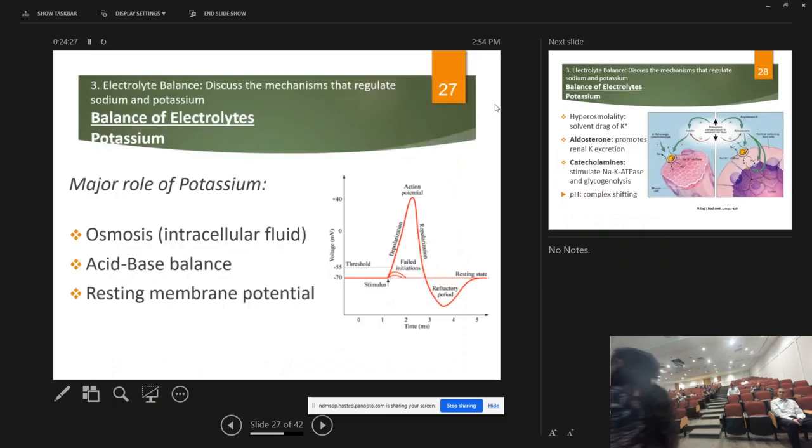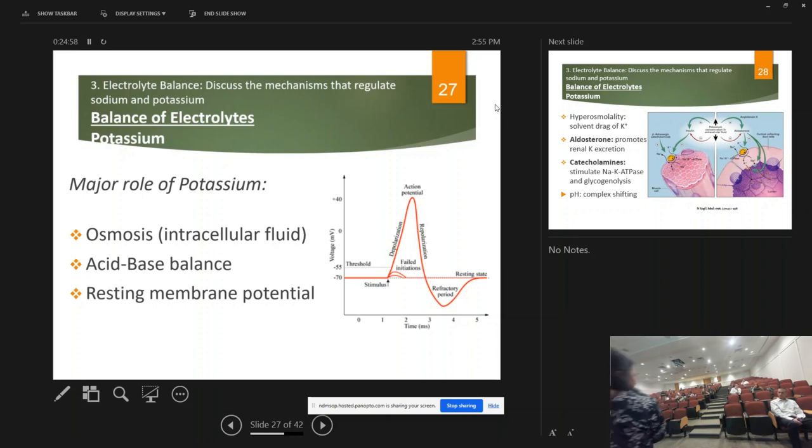So potassium is associated with different things, like osmosis. Where is potassium higher? Inside the cell, right? So in the intracellular fluid, if your potassium levels go up, it will impact your osmosis, the water movement.